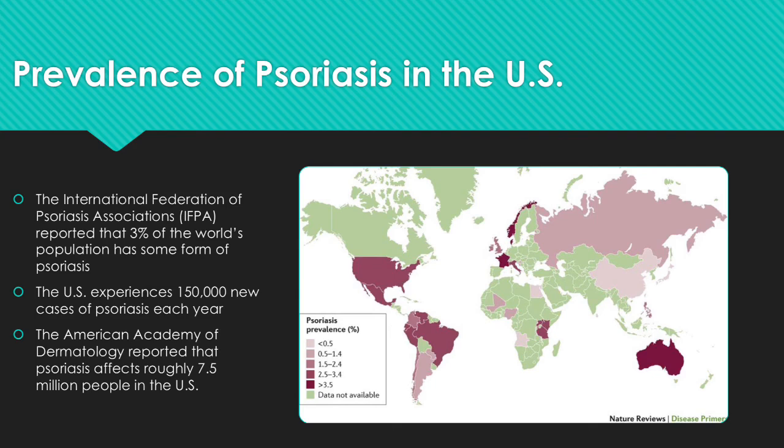The American Academy of Dermatology reported that psoriasis affects roughly 7.5 million people in the US. And the chart on the right is looking at the prevalence of psoriasis on a global level. And this is done through percentages.